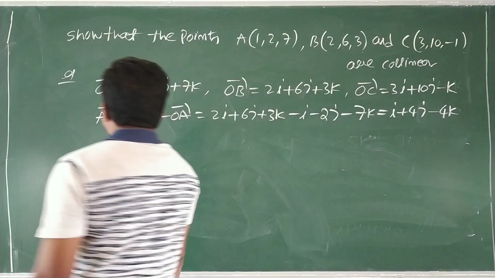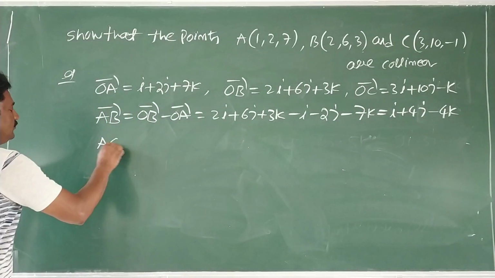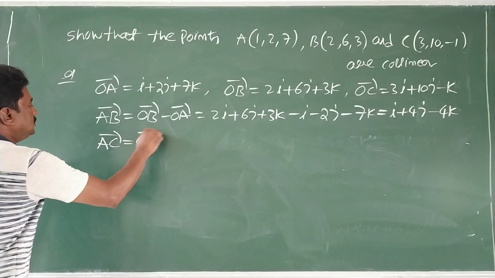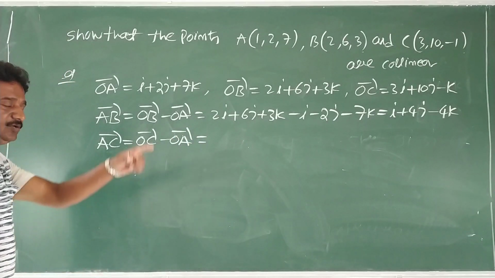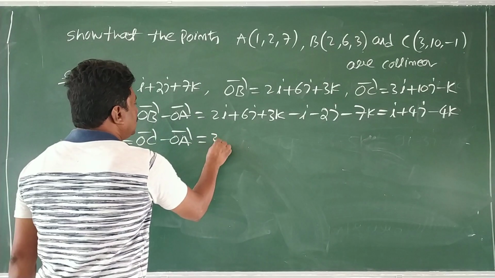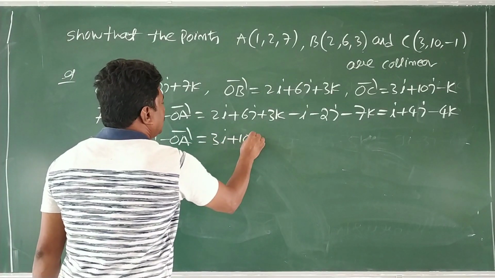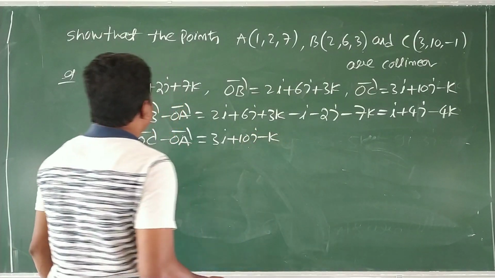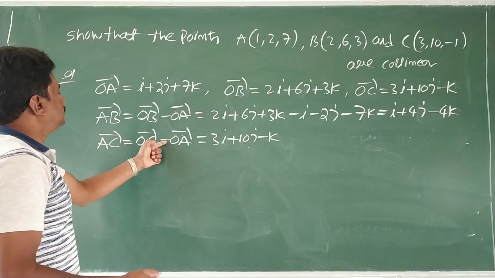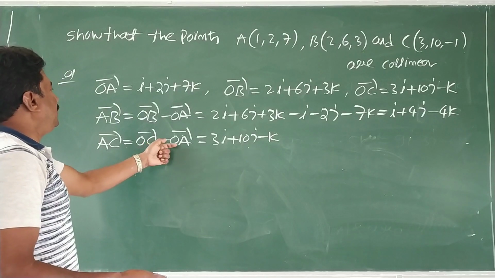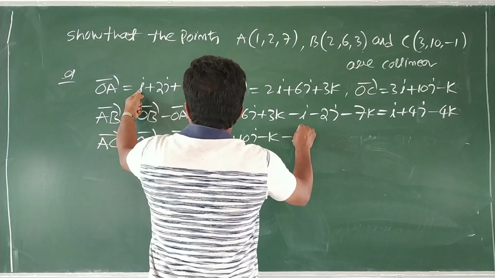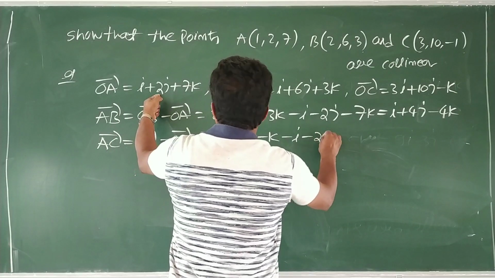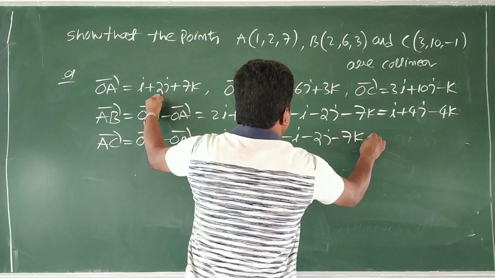Now AC, vector AC is OC minus OA. Tell me OC, students. OC is 3i plus 10j minus k. Multiply vector OA by minus: minus i minus 2j minus 7k.